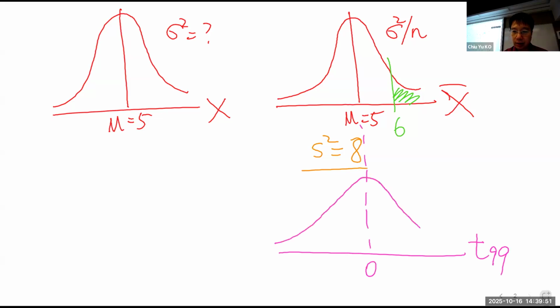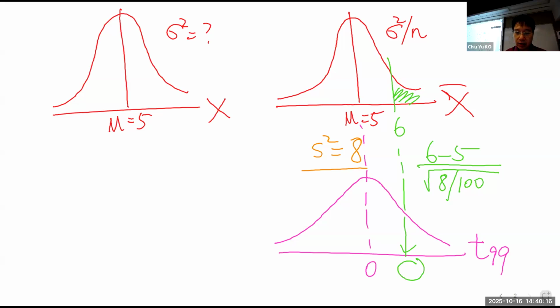And what is the 6 here? How to convert it? This is 6 minus 5, because of distance, divided by square root of 8 over 100. Then you calculate this number. What's this number? Let's look at the Excel.